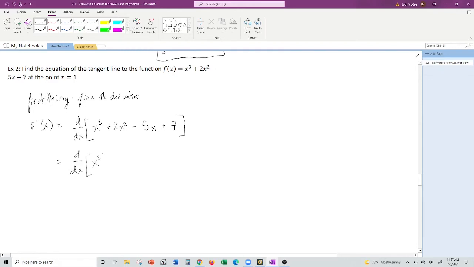If you've already got the hang of this and you could break this up in your head and skip a few steps, that is okay. However, I do encourage you to write down all of the steps because soon we'll be doing more complicated work, and it's really easy to lose a negative or lose a constant somewhere if we're skipping steps.